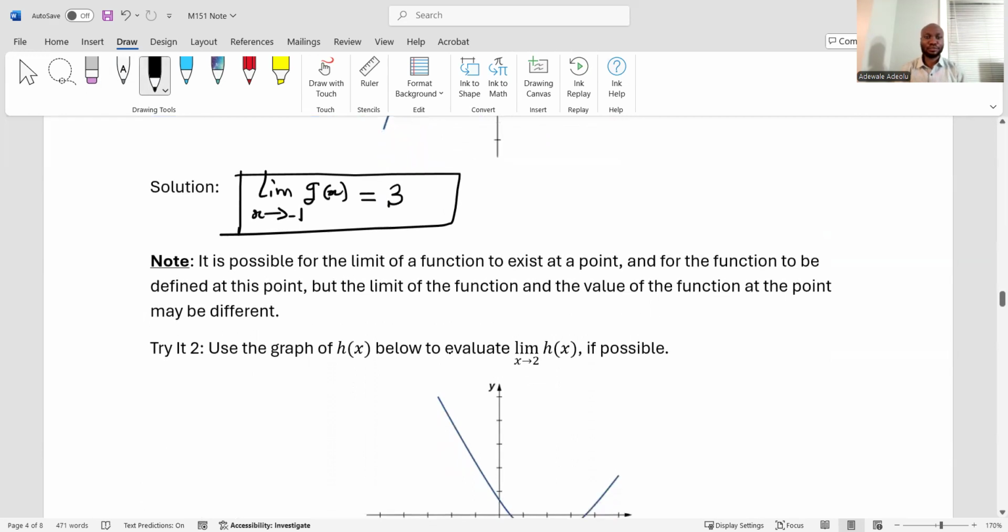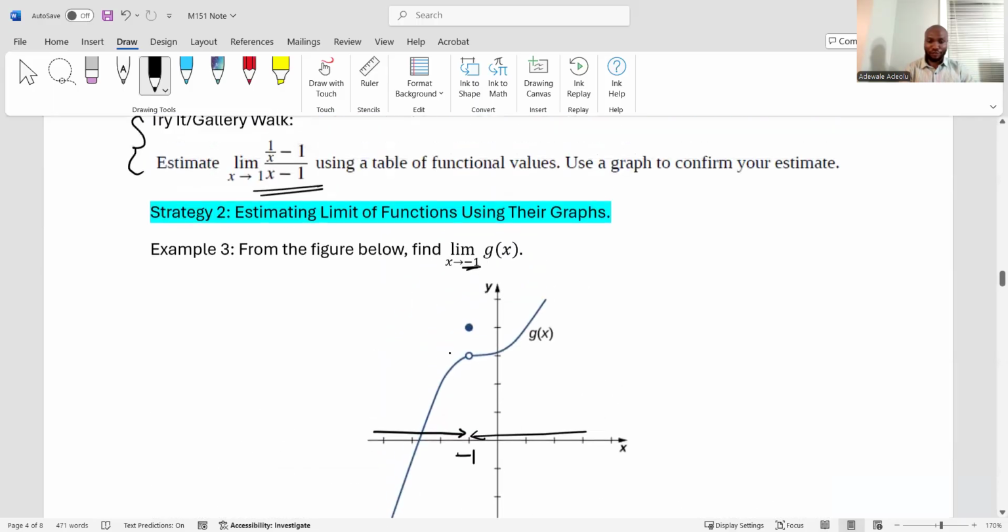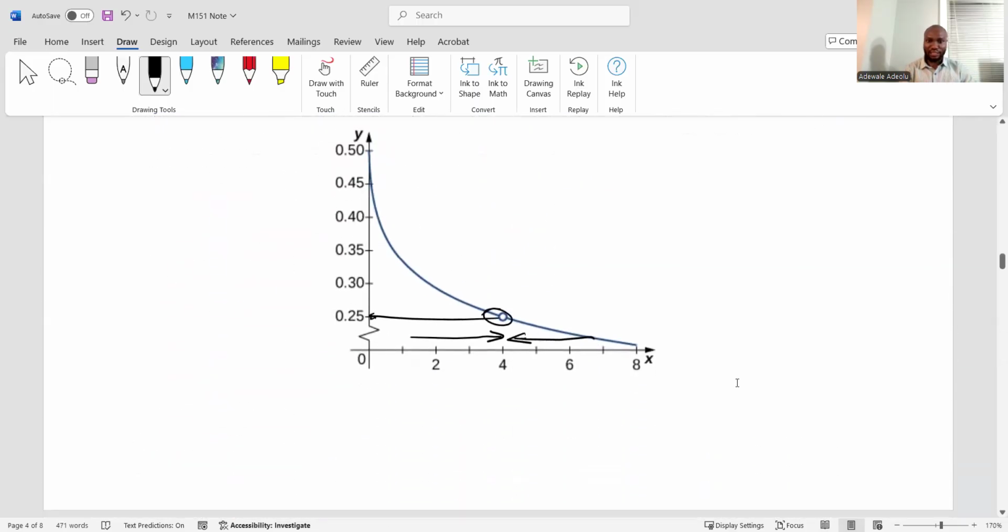So it is possible for the limit of a function to exist at a point and for the function to be defined at this point. Yes, the limit exists at that point. If you look at what we had earlier, the limit exists, but the function is not defined at that point.